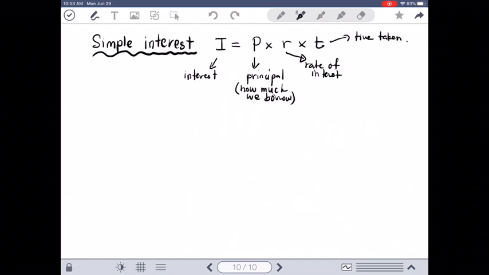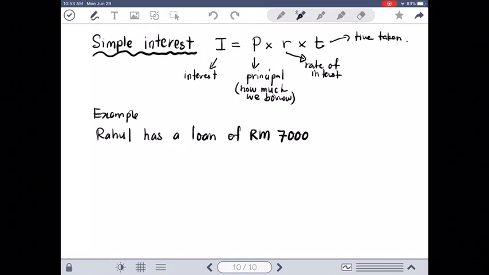Okay, for example, say we have Rahul. Rahul has a loan of RM 7,000. He needs to pay 2% interest for every month.